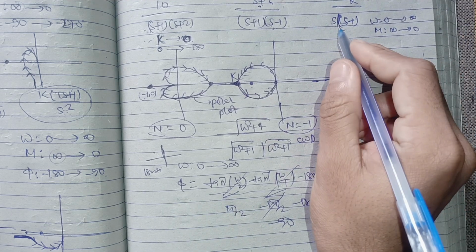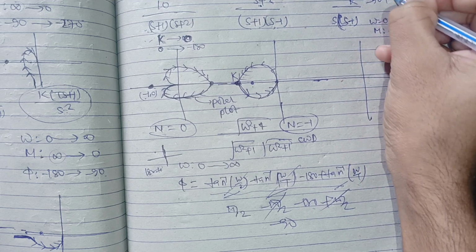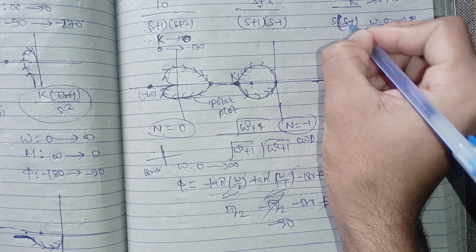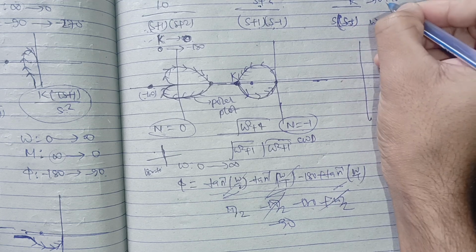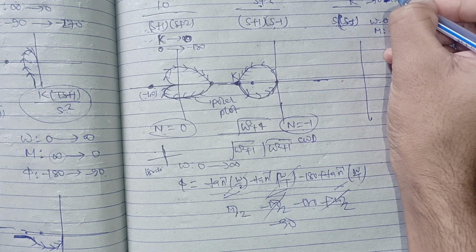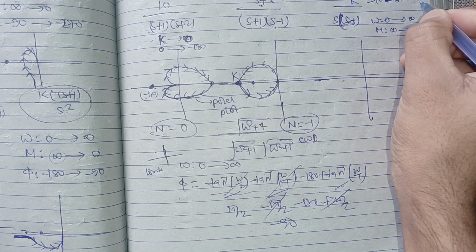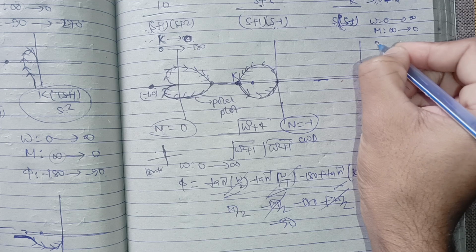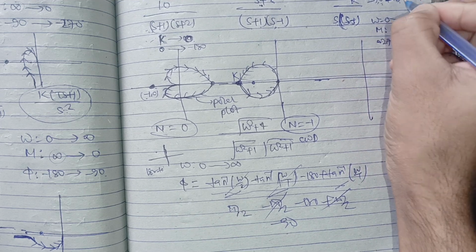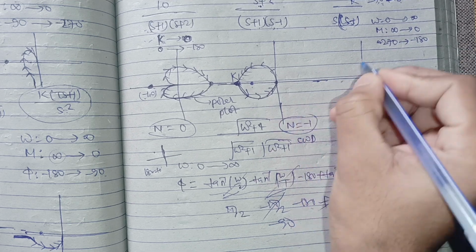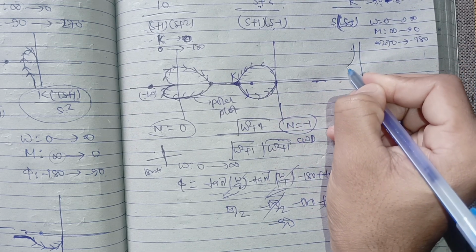The angle is 180 minus tan inverse omega by 1, and if you go upward, then minus 180 plus tan inverse omega by 1. At omega equal to 0, it is minus 270. At omega equal to infinity, the tan inverse cancels and it is minus 180 degrees. So from minus 270 to minus 180, definitely it goes like this.